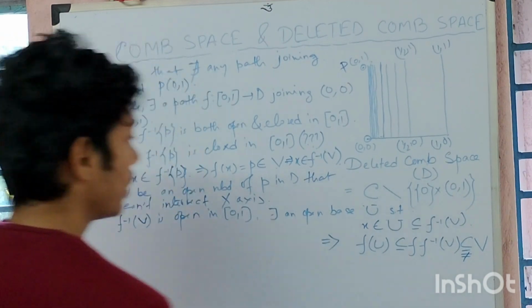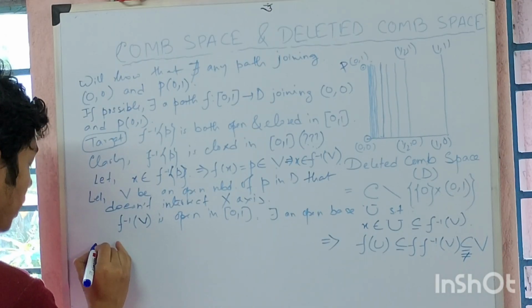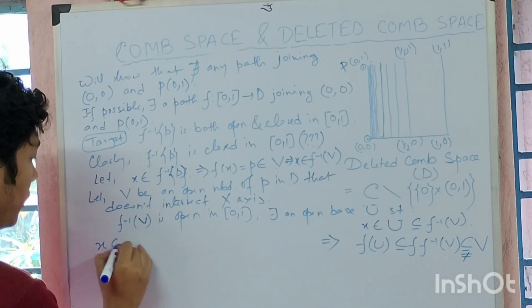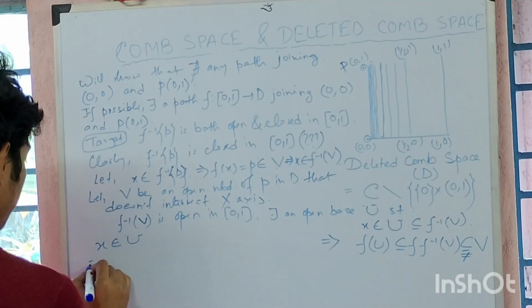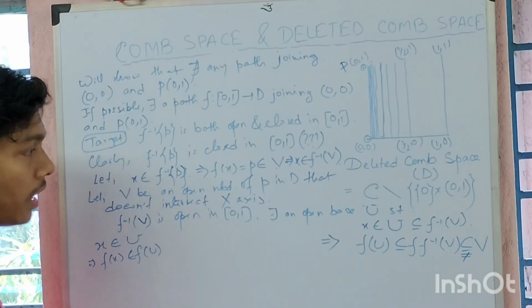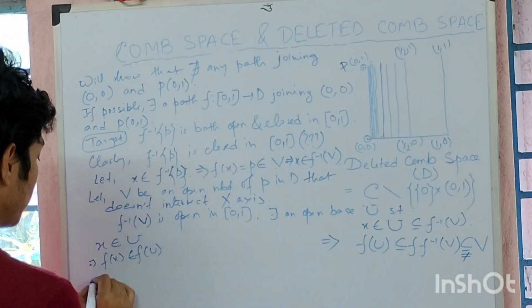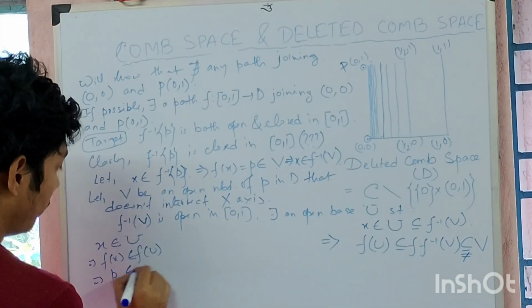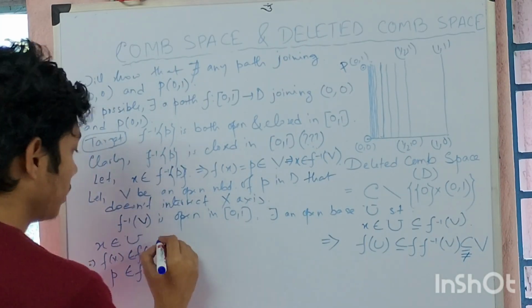Now look at this one thing: X belongs to U. So that means F of X belongs to F of U. Here X belongs to U, that's why F of X belongs to F of U. And what is F of X? That is P. So P belongs to F of U. Clear?